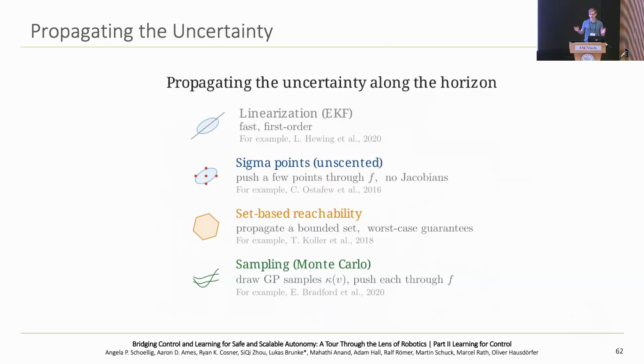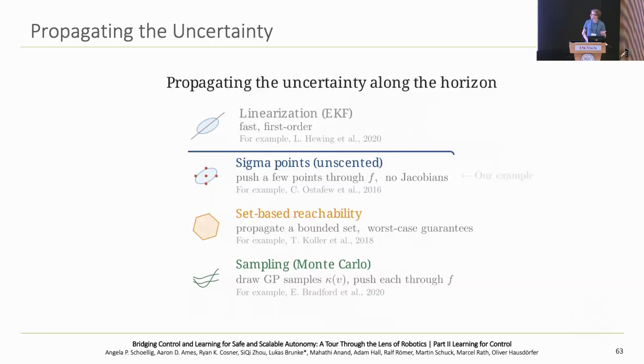And so there are various different methods that we can use. One method is linearization, there are sigma points, there's set-based reachability, and then also sampling-based methods. All of these methods have advantages and disadvantages. So one thing that I will focus on are the sigma points.